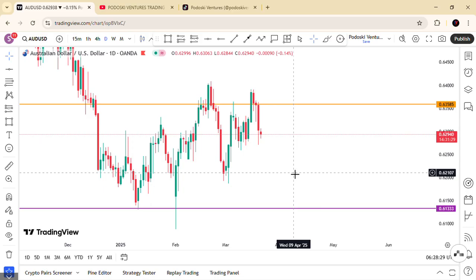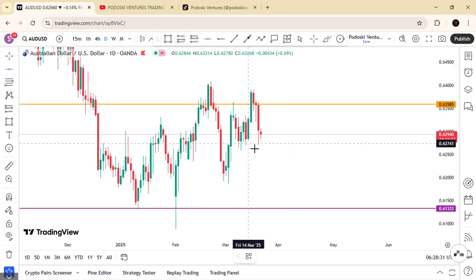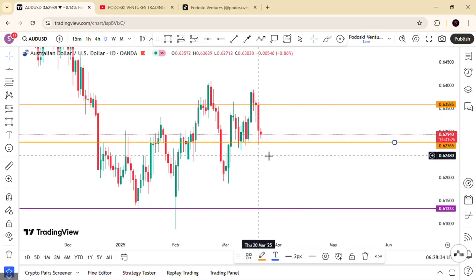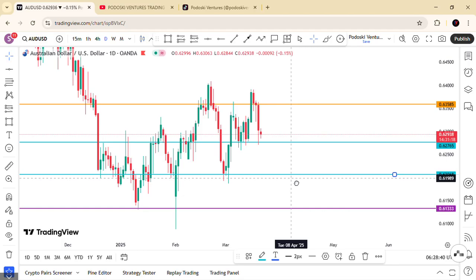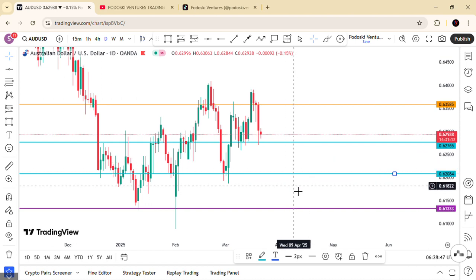On the daily time frame, I can see a daily demand here and another demand zone also here.